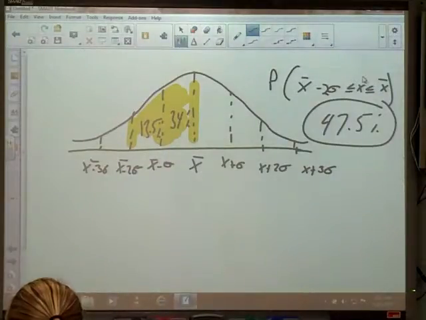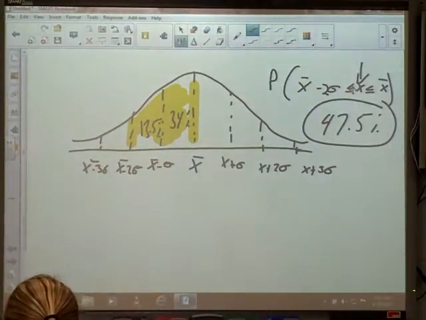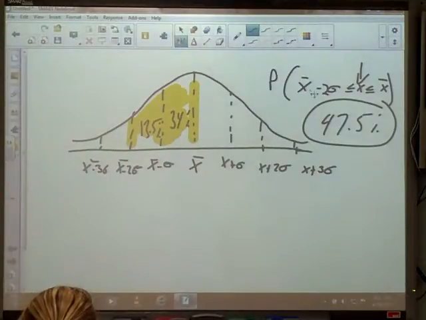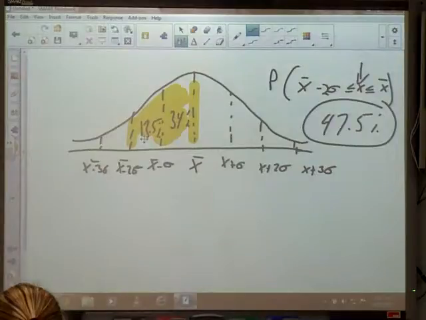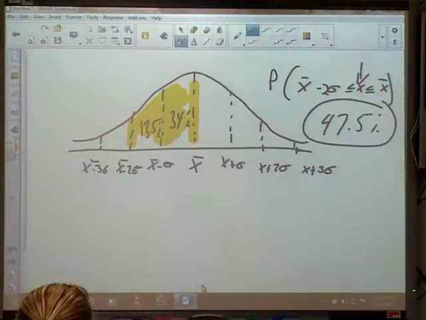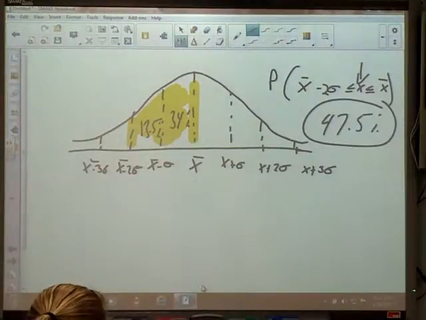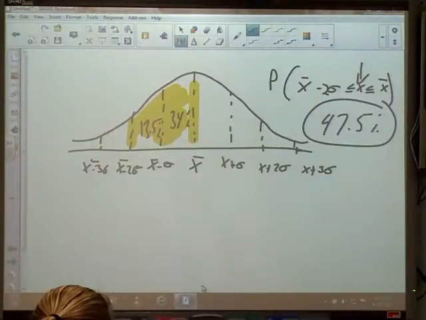Reading from the x, x has to be greater than a mean minus 2 standard deviations. So here's a mean minus 2 standard deviations, greater than that. And x has to be less than a mean, so here's the mean, less than that.